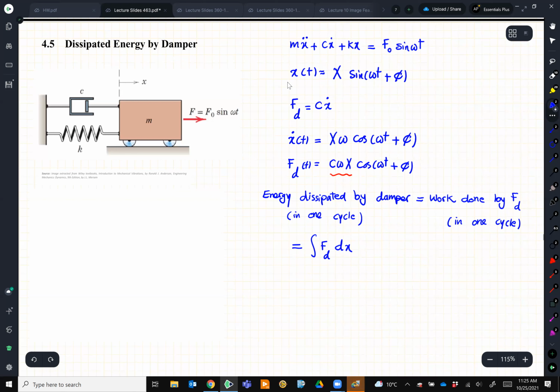Let's look at this x(t) and F_D. Whenever I see a sine and cosine, I'm happy because somehow we can get rid of sine and cosine. I remember when I was in high school, I had a friend and he said we should be very, very happy. And I said, why?